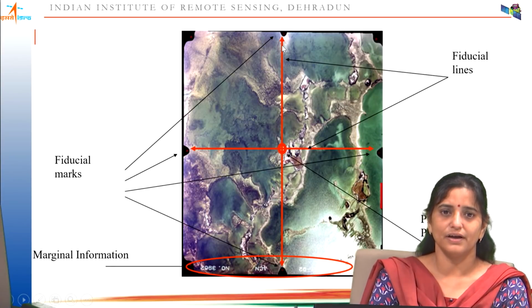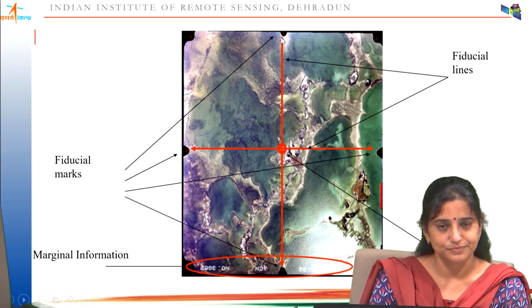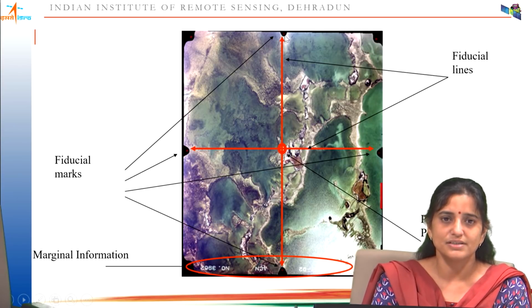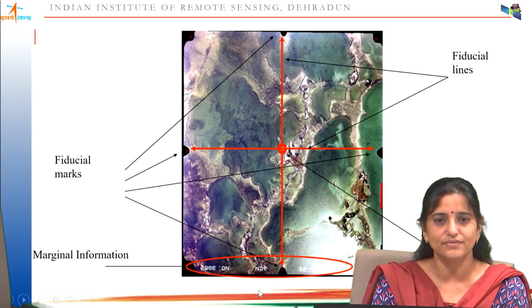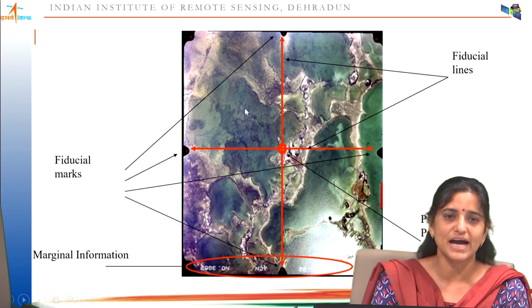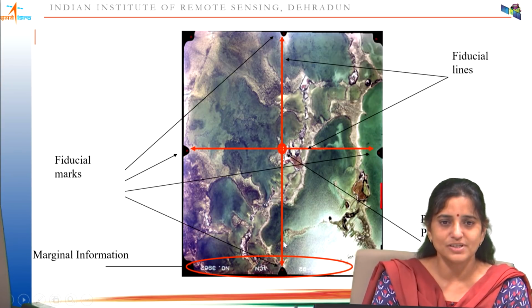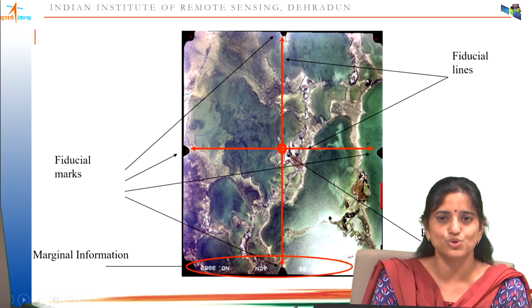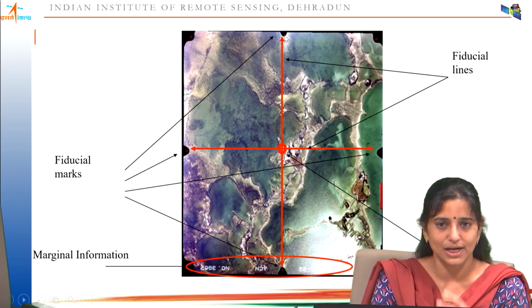In metric photographs, from which you can make measurements, certain marks are there so that we can locate the principal point. These marks are called fiducial marks. When we join opposite fiducial marks, this line is called the fiducial axis or fiducial line.